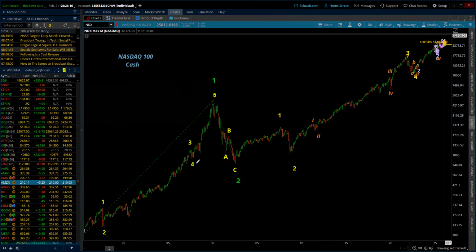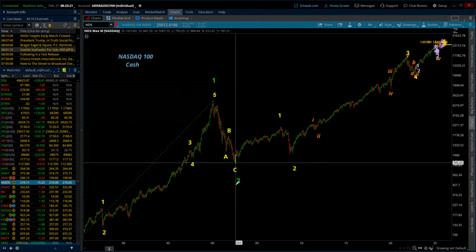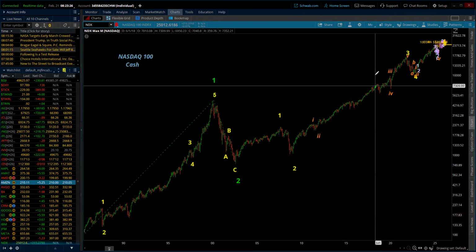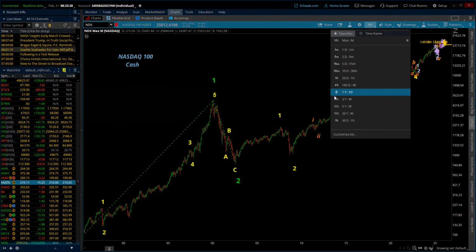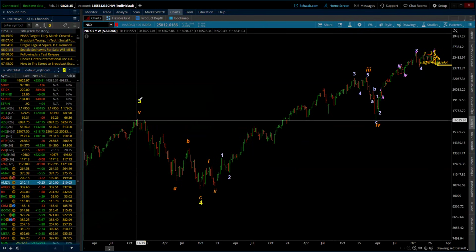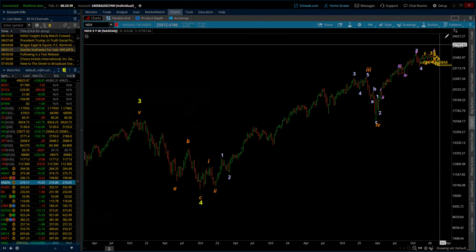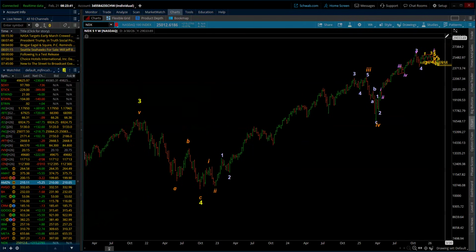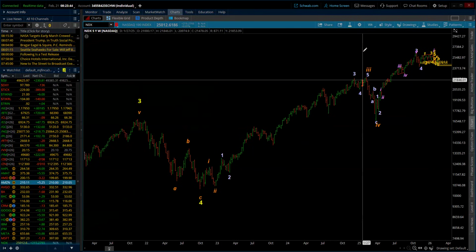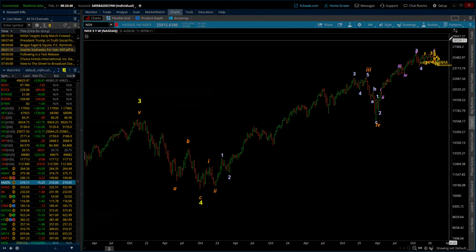Here we are. Primary one, primary two, primary wave three. Inside primary wave three will be 5 waves of intermediate degree, of which 1, 2, 3, and 4 are complete. Let me bring this down to the weekly chart, 5-year weekly chart, and there we have intermediate 3, intermediate 4, and here we have intermediate wave 5. 5 waves of minor degree to complete intermediate wave 5, of which we have 1, 2, 3, and 4 done, still in minor wave 5.